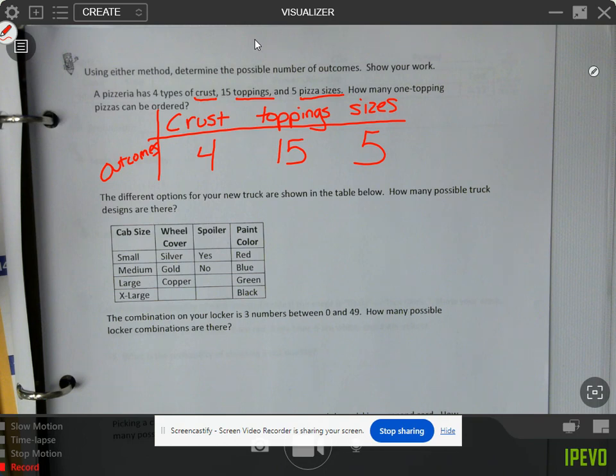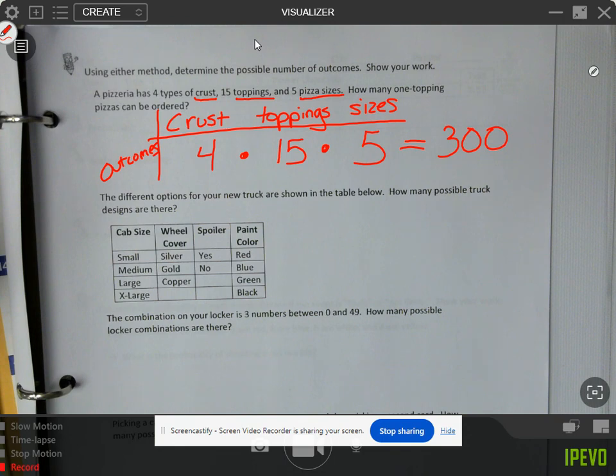Multiply. Oh, thank you to my friends who are raising their hand. Show me that you know what to do. Raise your hand if you know what to do next. Anna Mae, what do I do? Multiply. I multiply across. 4 times 15 times 5 gets me 300.